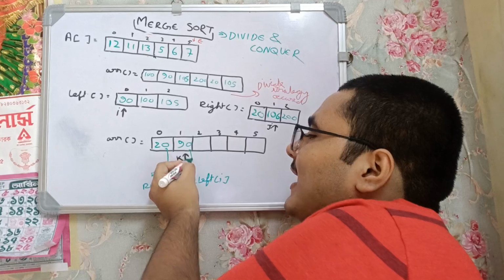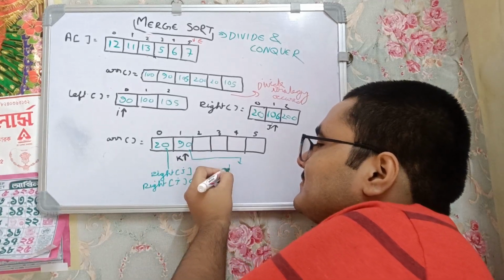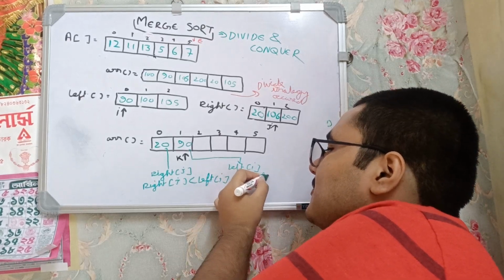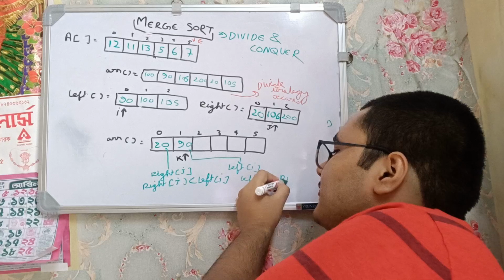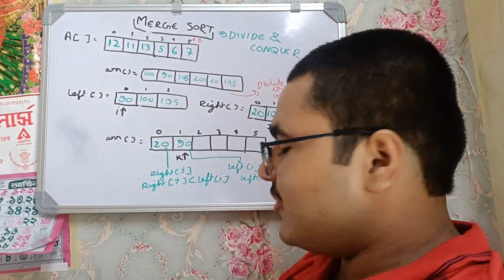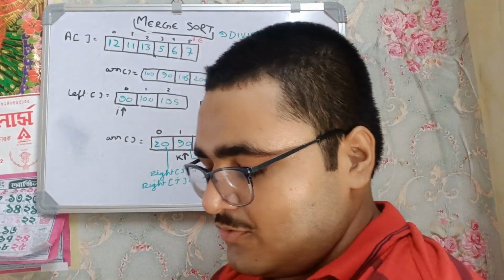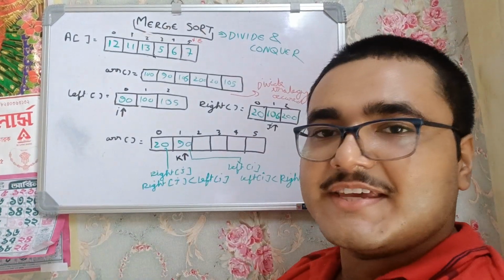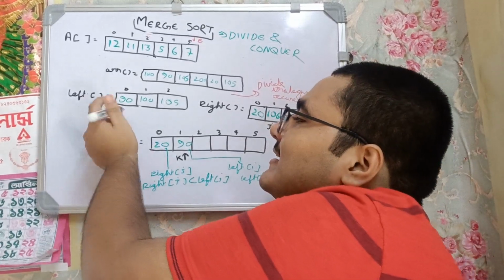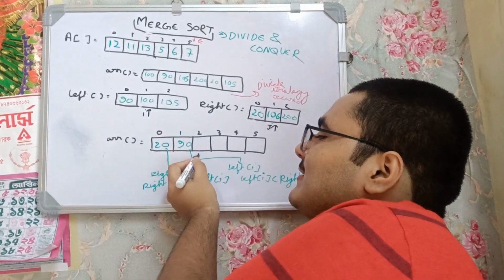So it is left of i, as left of i was less than right of j, right? So in this case i will now move ahead to check if there is any more element that is less than right of j or not, and k will also be progressing with i.